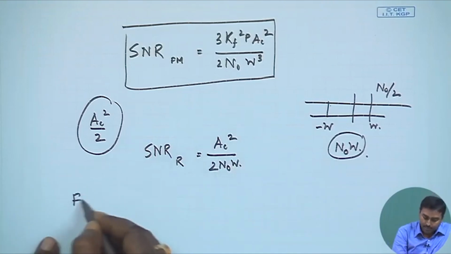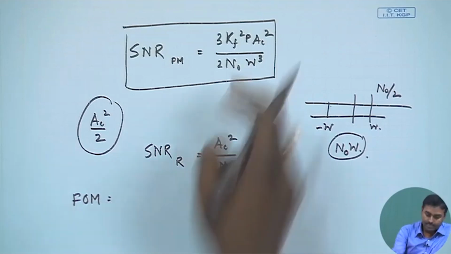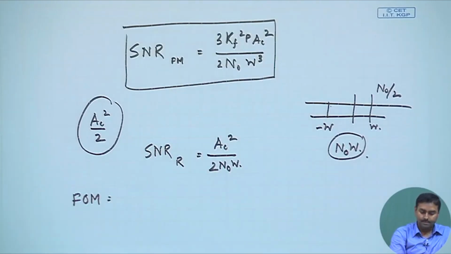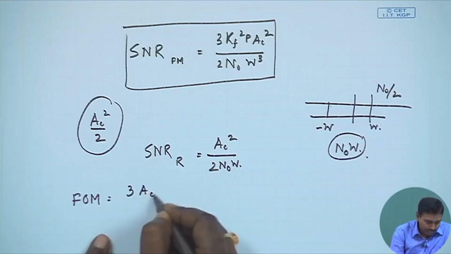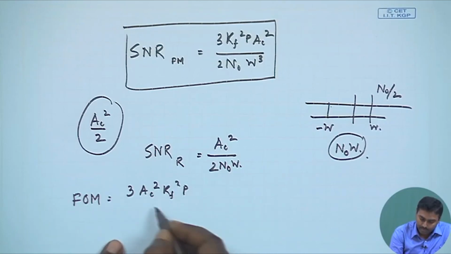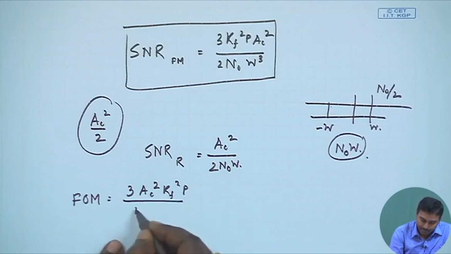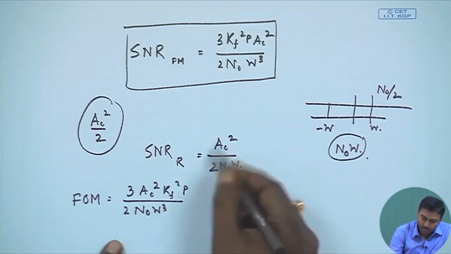So, therefore, the figure of merit must be this divided by this, right. So, figure of merit must be 3 A_c square Kf square into P divided by 2 W cube, divided by this.